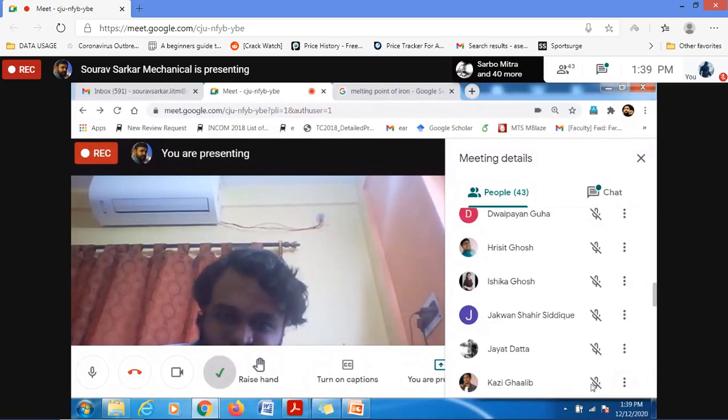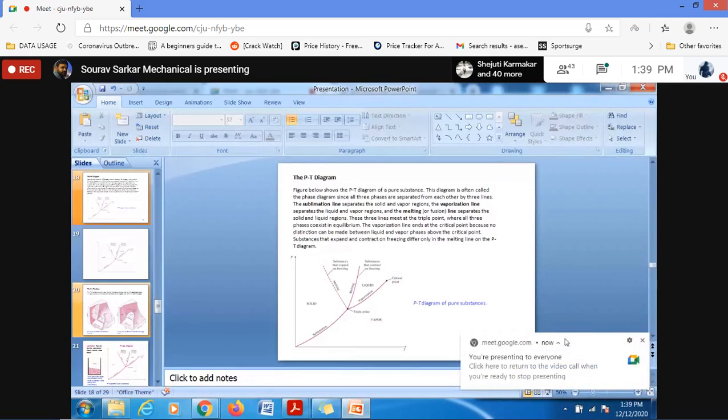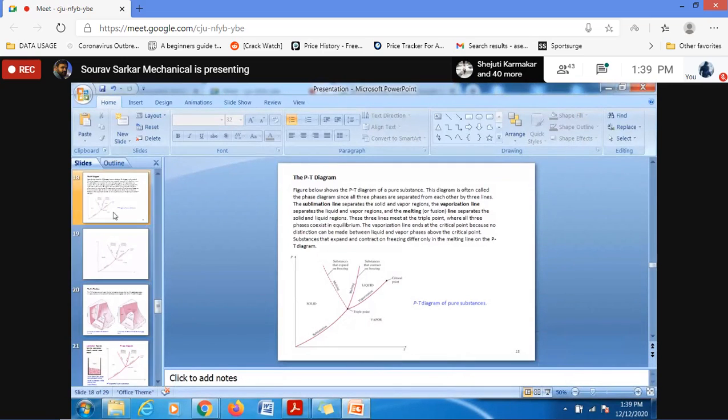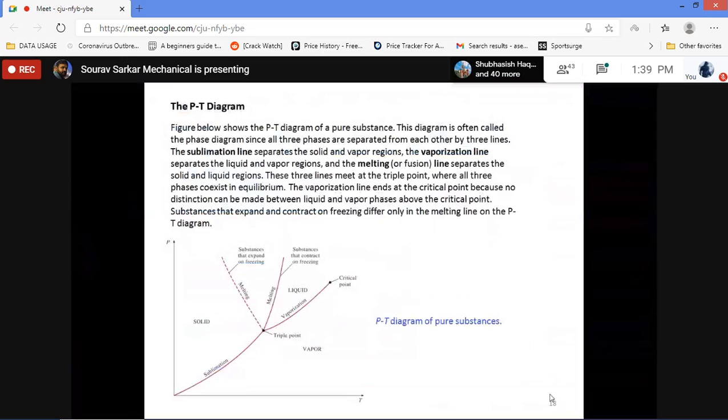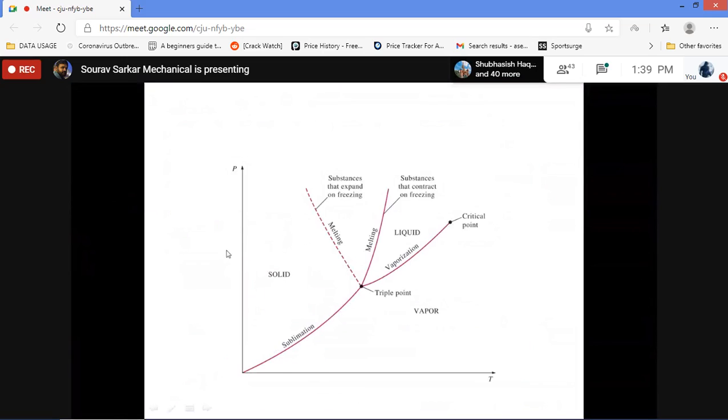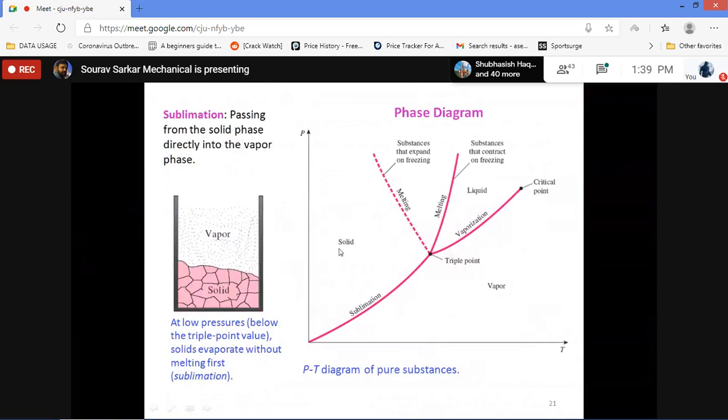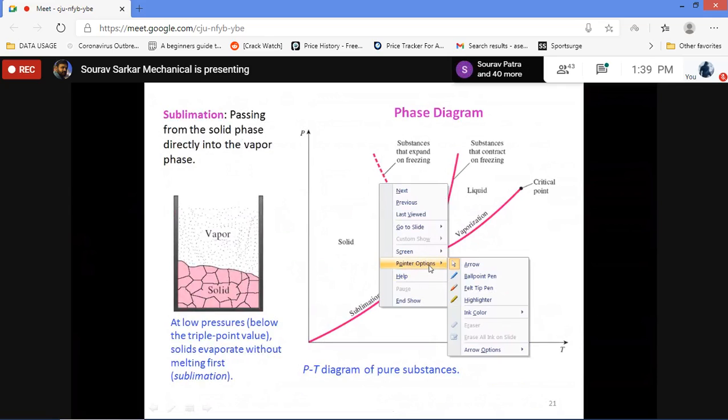So this is given by this diagram. This part is basically for the solid that expands on freezing.